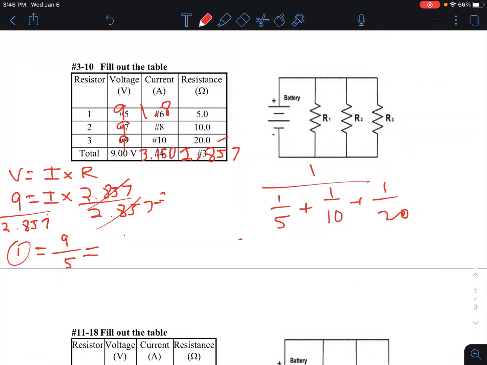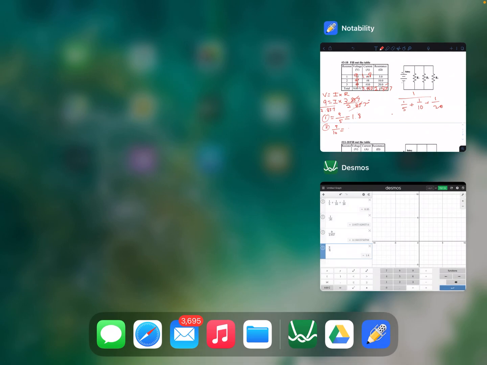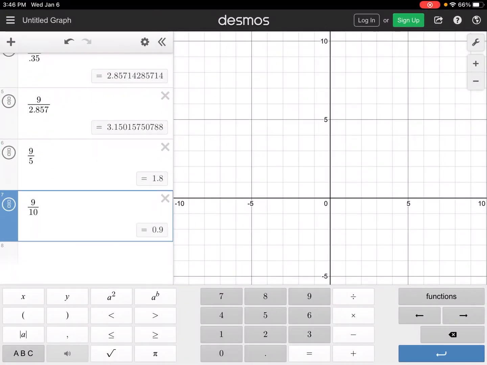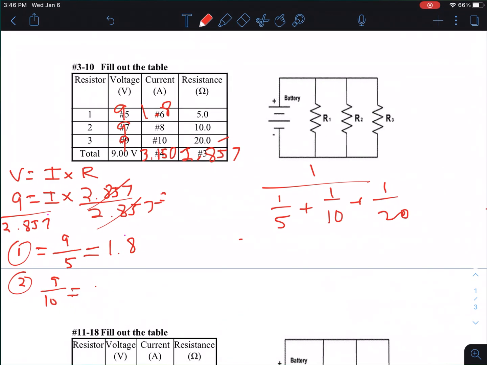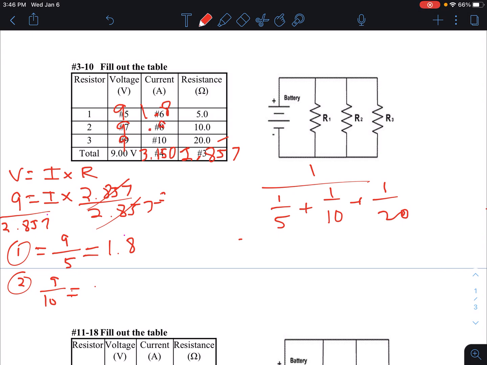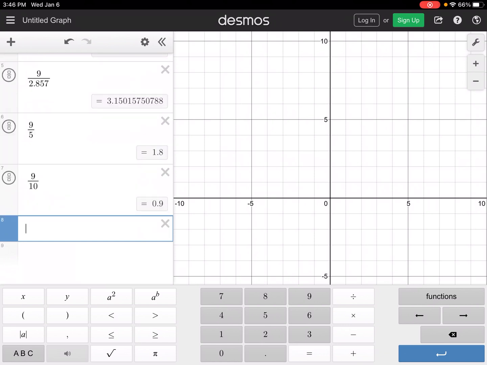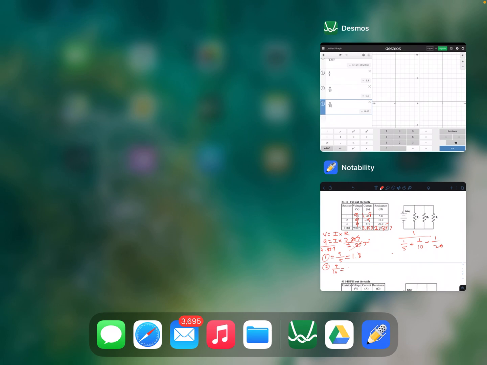The next one will be 9 divided by 10 for position number 2, which gives us 0.9. And the last position is 9 divided by 20, which gives us 0.45.